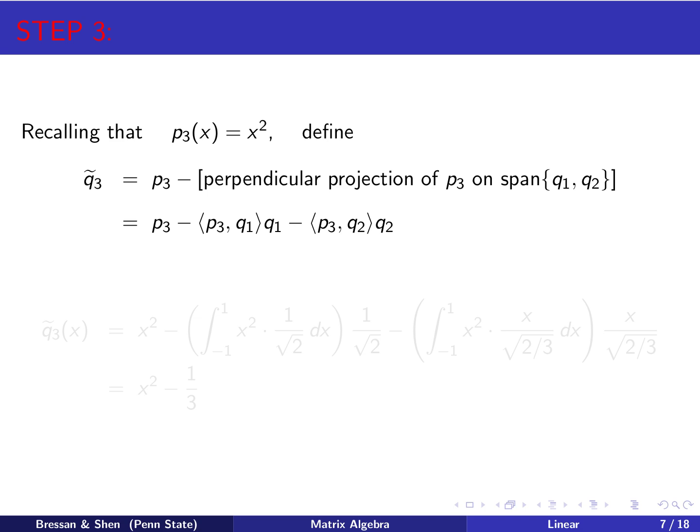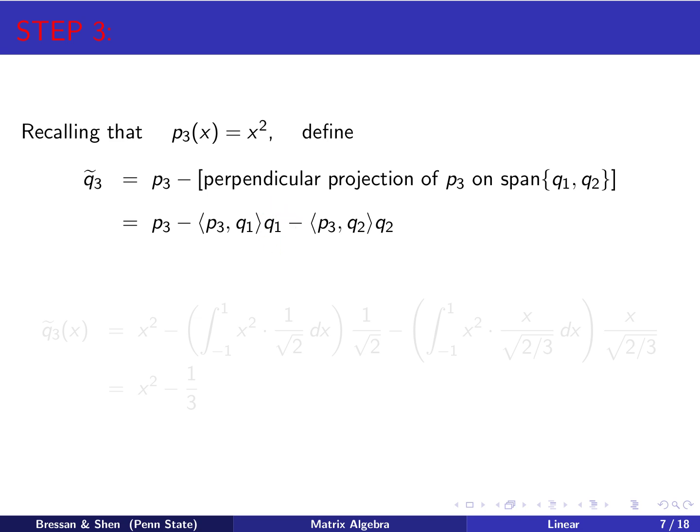Okay, so we have one more function, and let's take step 3. P3 is x squared. Then we define Q3 tilde to be P3 minus the perpendicular projection of P3 onto the span of Q1, Q2. This gives us P3 minus this formula here.